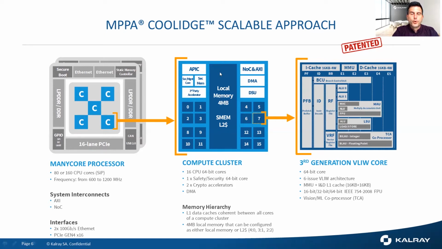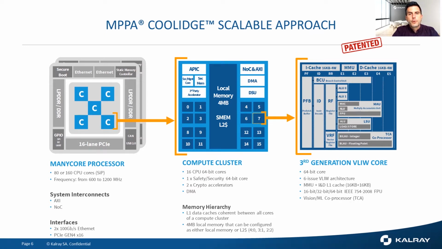Let's go to the compute cluster itself. As I said, each cluster features 16 64-bit cores. It also has one additional core that is dedicated either to security or safety usage. It features 2 crypto accelerators to accelerate data center use cases, and it has a cluster DMA that can be used to transfer data from the DDR memory to the local memory of the cluster.